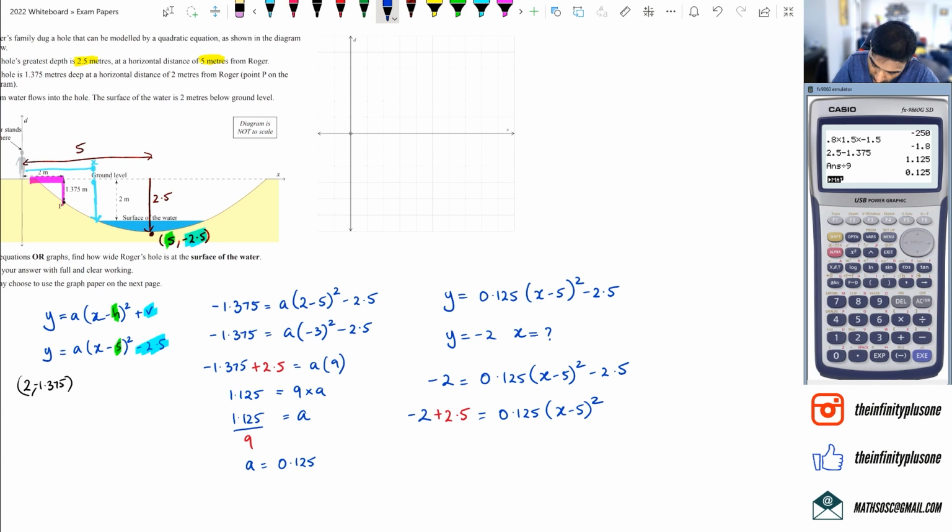Now negative 2 plus 2.5 is 0.5 equals 0.125(x minus 5) squared. Next, I need to divide by 0.125, which then equals (x minus 5) squared. So I've got 0.5 divided by 0.125, which gives me 4.